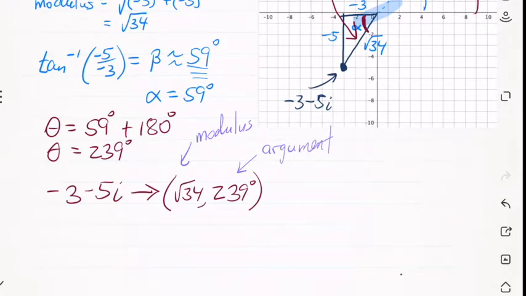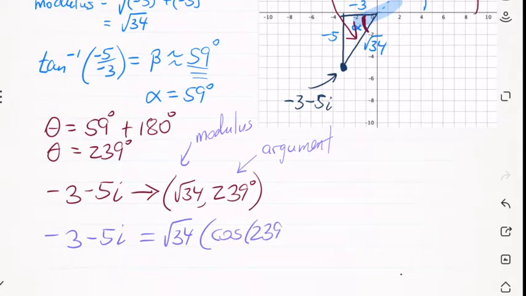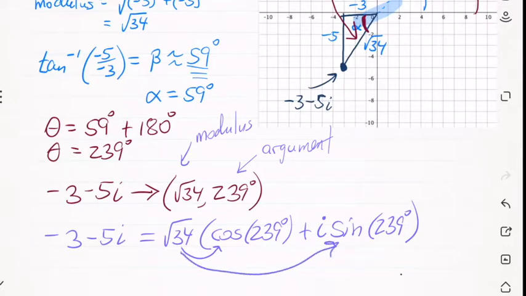Okay. Now, if we want to take the modulus and argument and create trig form, then negative 3 minus 5i is literally equal to the square root of 34 times cosine of 239 degrees plus i sine of 239 degrees. And what's good about this is these are literally equal to each other. If we distributed square root of 34 to these two pieces, we would get negative 3 minus 5i, but not necessarily exactly.